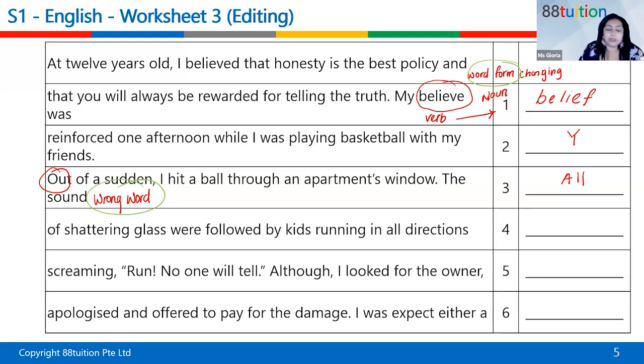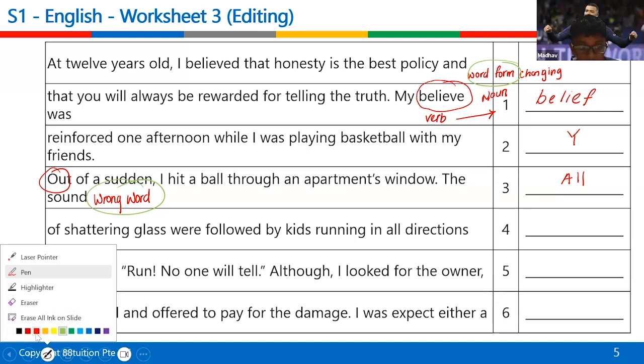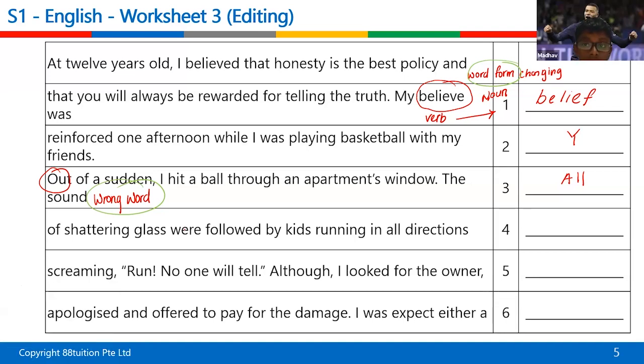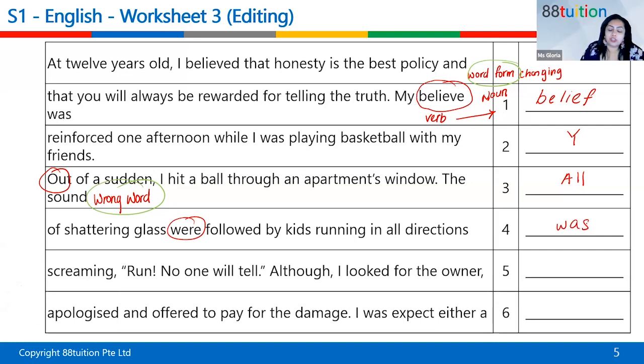Number 4, back to Mother. Number 4, the word is wrong. Were changed to what? Was. The shattering glass was. So this is singular.